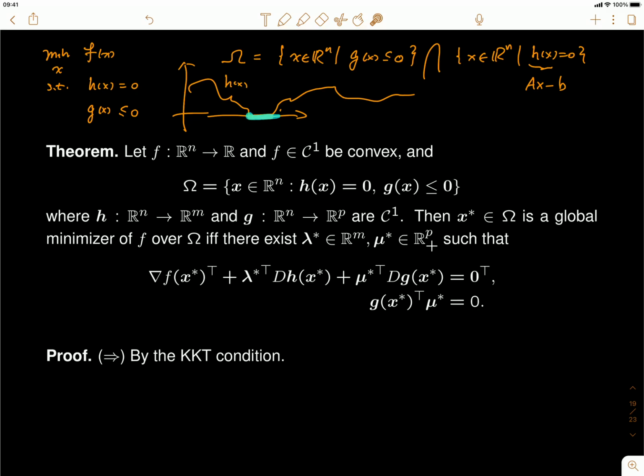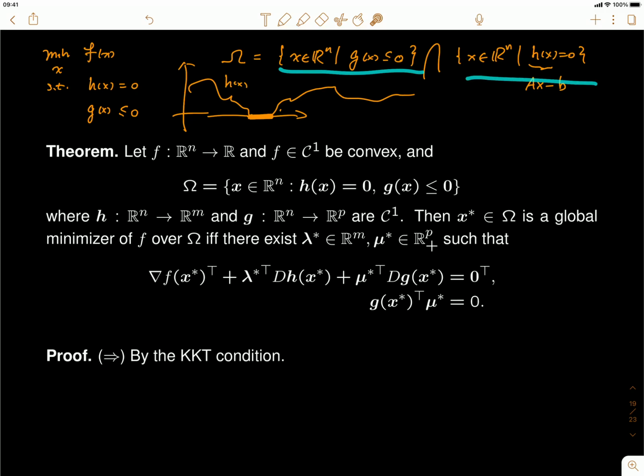We can think of this part as the intersection of a convex set and a hyperplane.